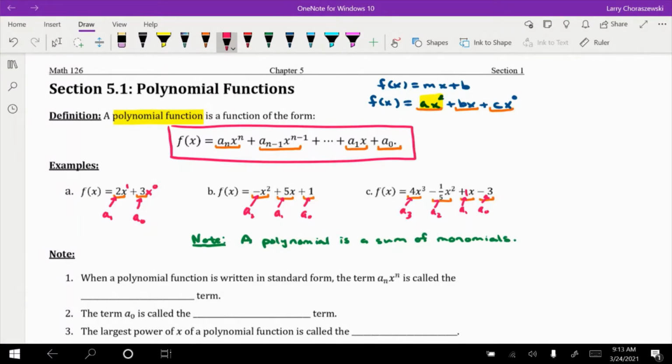Usually you write the term with the highest power of one variable first, and then you just continue going down according to power with that particular variable you chose to write first. And then as you go from left to right, the powers on the first variable will decrease, but the powers on the second variable will increase.